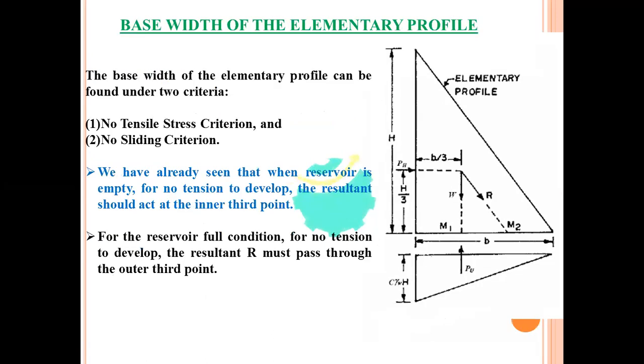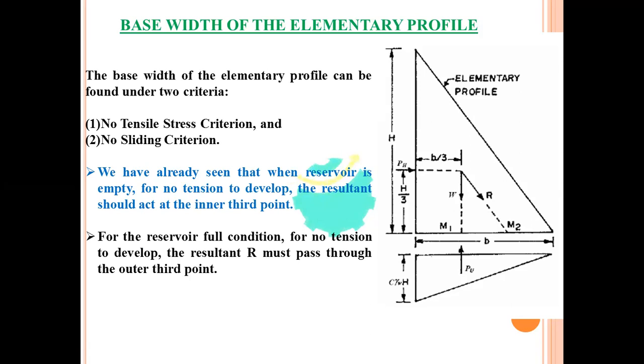Next, how do we design the base width of the dam? The base width of the elementary profile is designed under two conditions. First, no tensile stress, and second, no sliding.